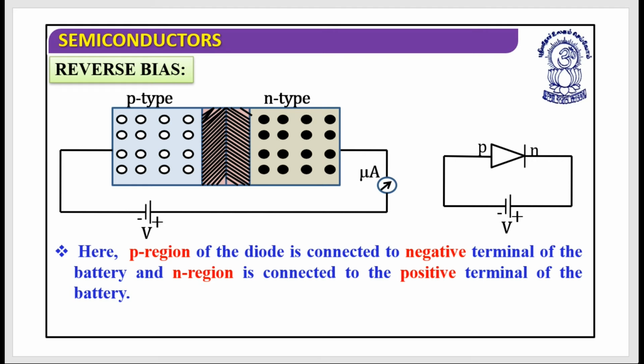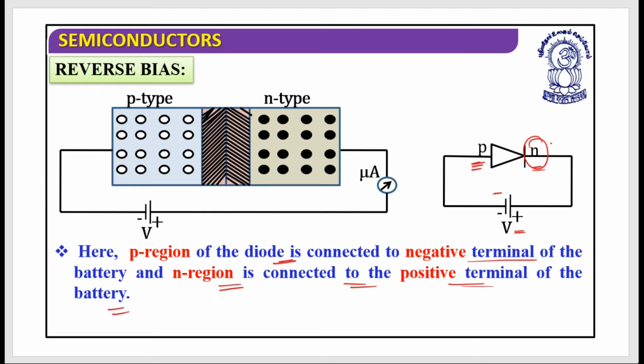So in the reverse biasing of the diode, as you can see, this is P-type material and this is N-type material. The N-type material has been connected with the positive terminal of the battery, and the P-type material is connected with the negative terminal of the battery. So what happens?